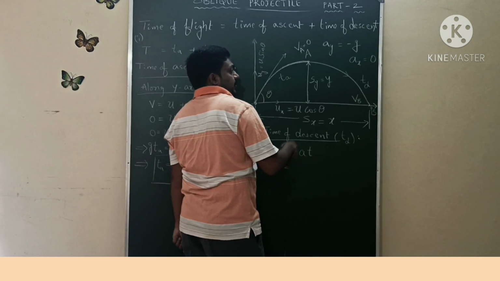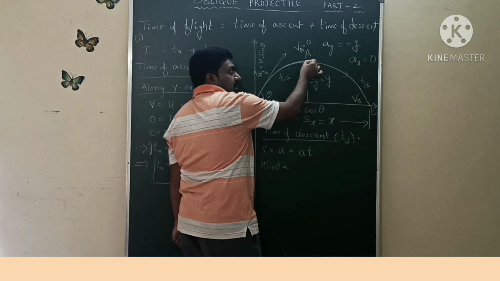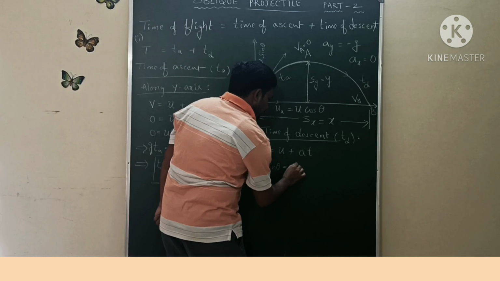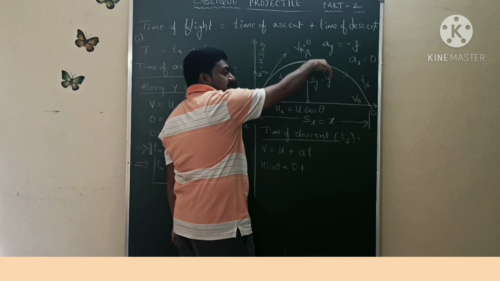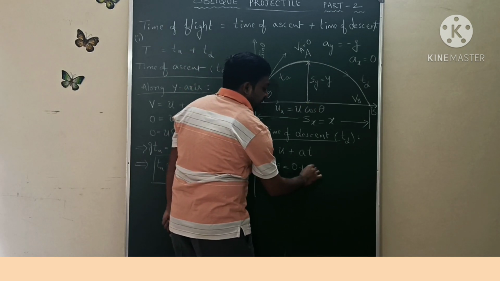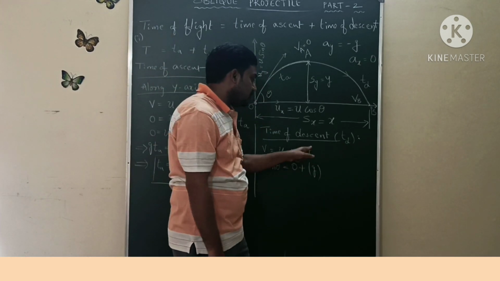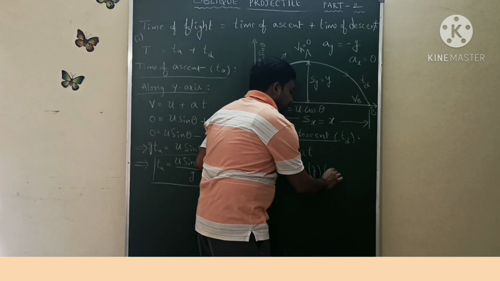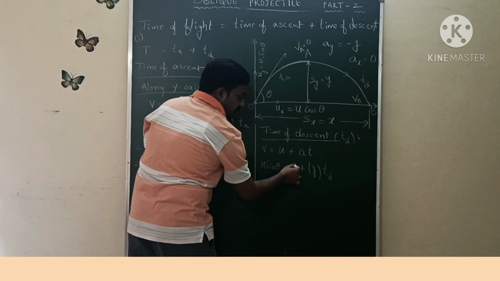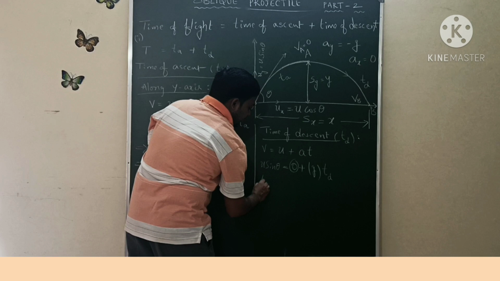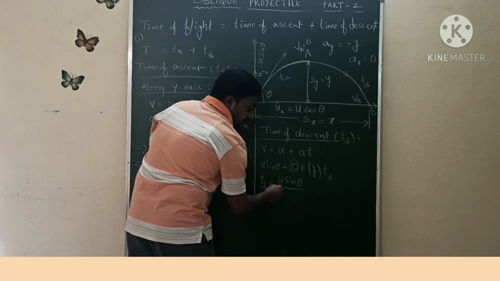U, initial velocity: time of descent starts from maximum height, so the initial point velocity is 0. 0 plus a. When moving down, the acceleration is considered positive in the downward direction, plus g, because towards the ground acceleration is positive. T is time of descent TD. U sin theta is equal to g into TD. So TD is equal to u sin theta by g.